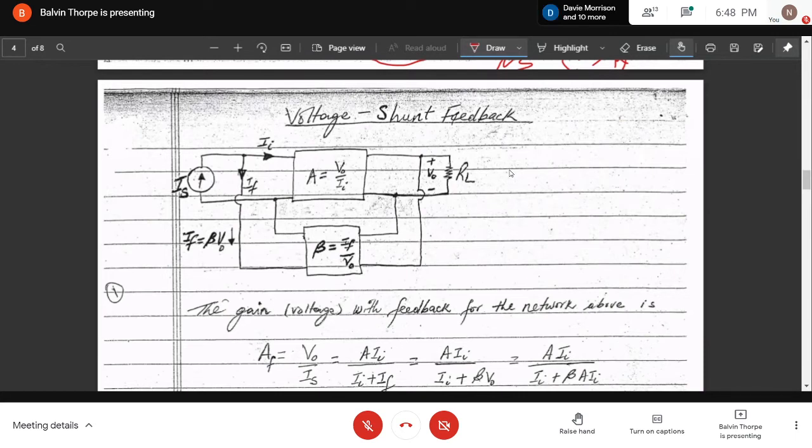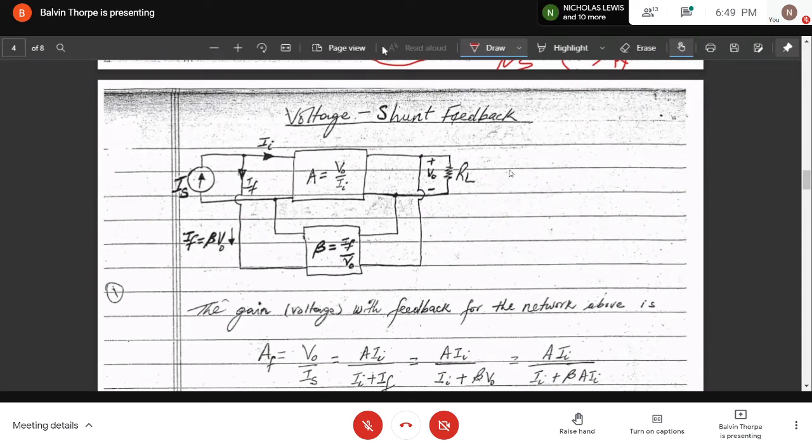Then we can express II, or we can express the gain.